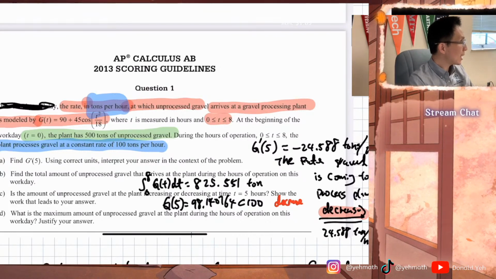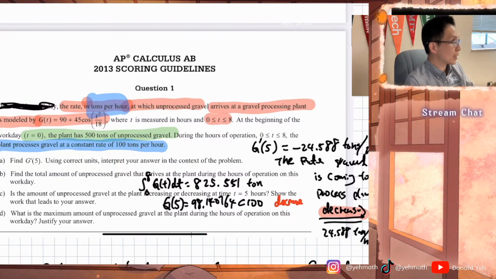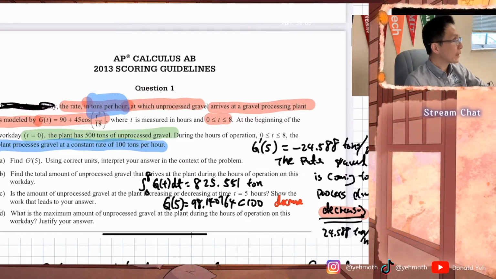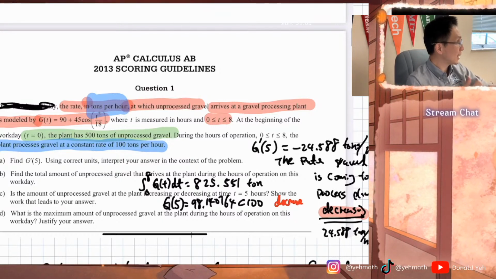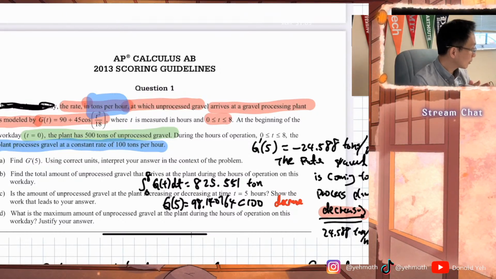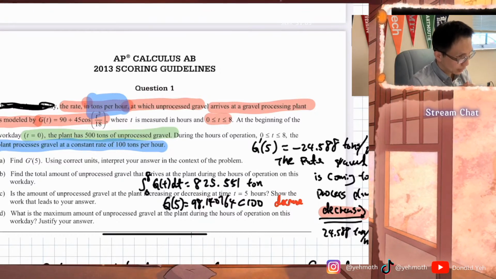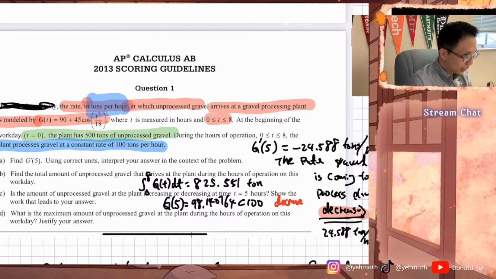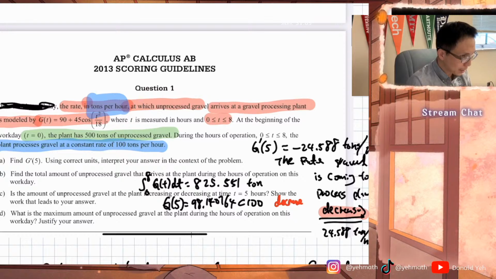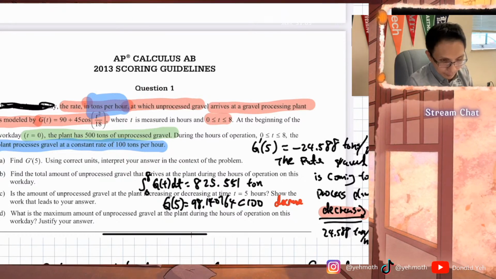The amount in your plant is decreasing because the net flow in is less than out. Out is more, so you have less material as time goes at that moment. So how do you find the amount? We're going to talk about the next one, which is the amount. What is the maximum amount in the process plant during the hours of operation in this workday?